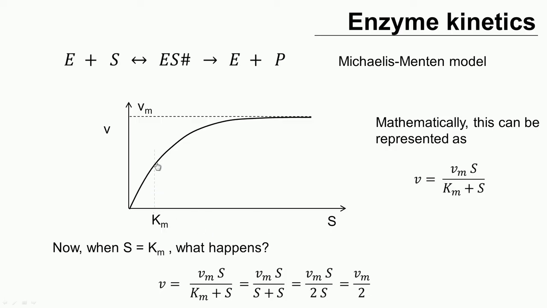At S equals Km, the V that you find would be Vmax by 2. So, Km is called the substrate concentration which gives half maximal rate of the reaction, and Km is the Michaelis-Menten constant. So, this is a nice expression to know, the first approximation to know for enzyme kinetics, and it is useful in many different ways. I just mentioned one.